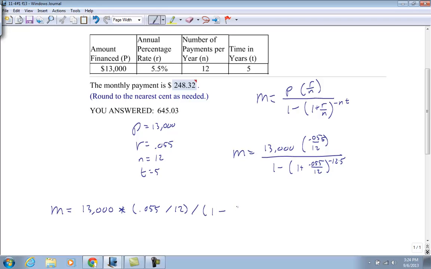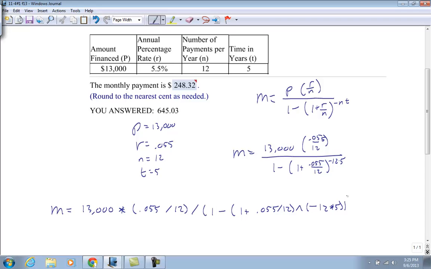Parenthesis 1 minus 1 plus 0.055 divided by 12, caret button, parentheses, negative, not minus now, negative 12 times 5, close parentheses. Make sure the opens and closes match.